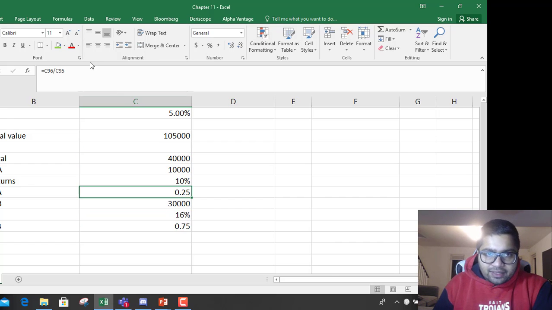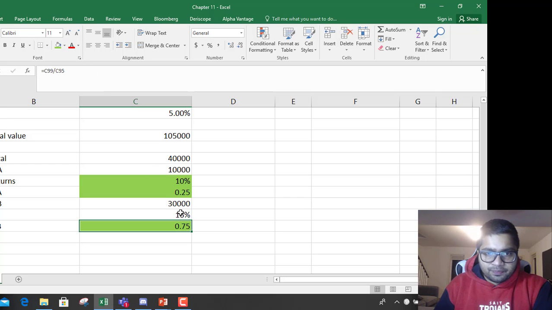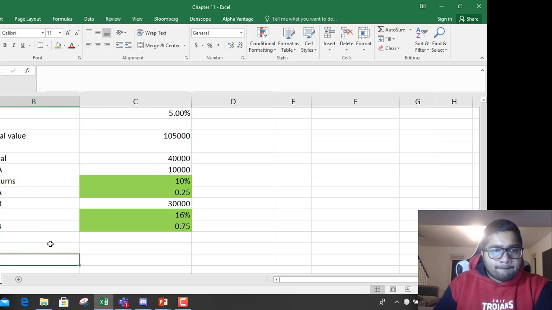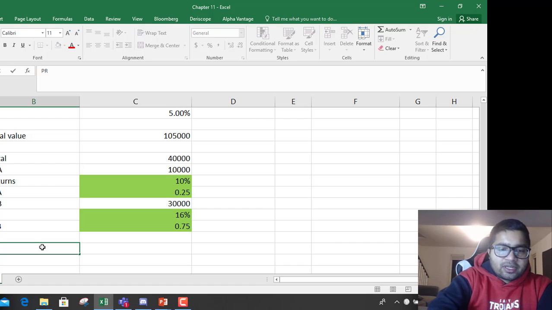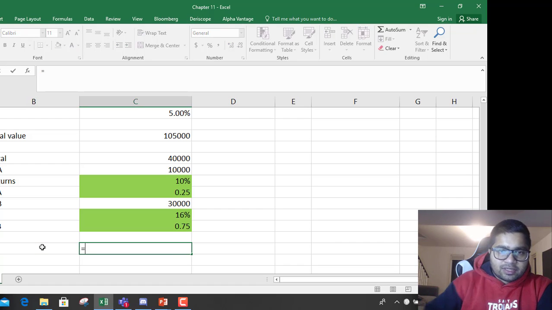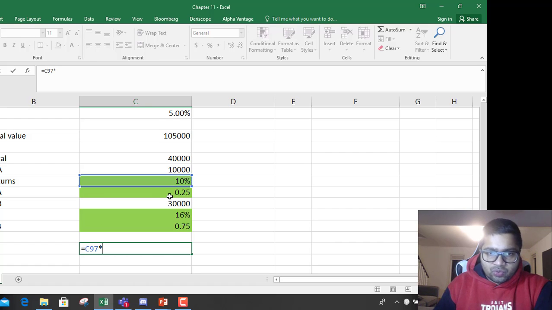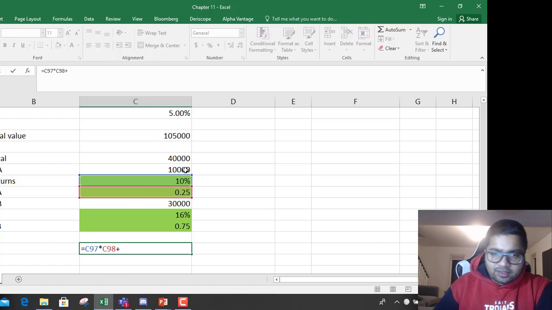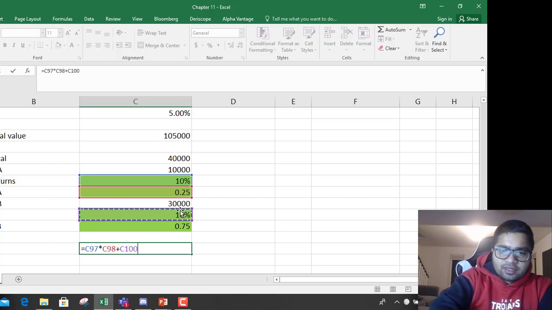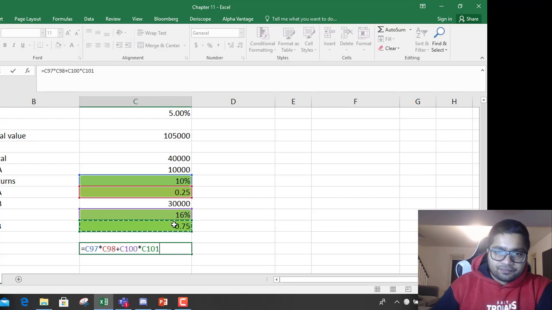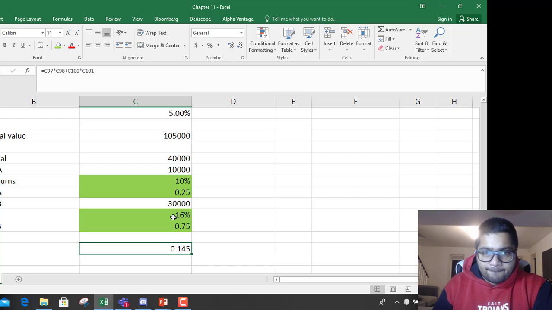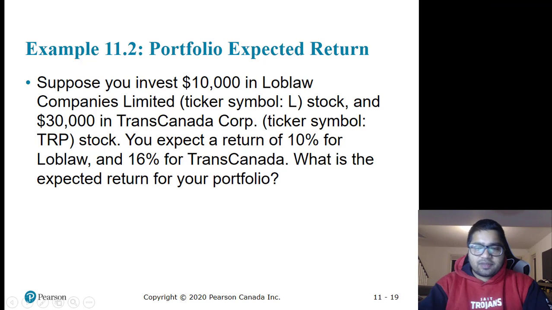So we now know weights, we know returns. So we can calculate portfolio returns, which is nothing but returns into weights plus returns into weight. So 14.5 is the total return on this investment.